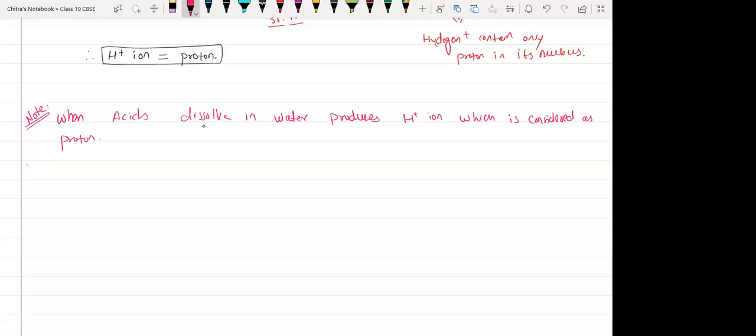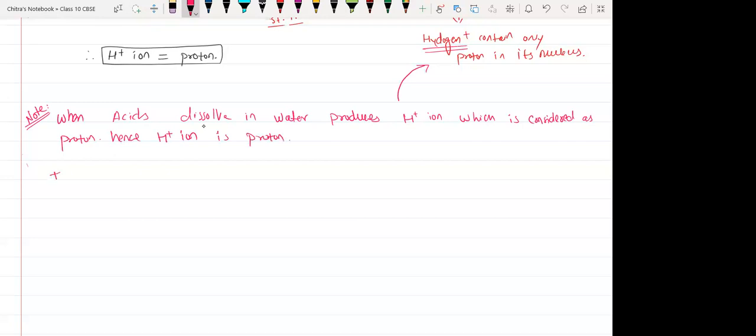And you know the reason: because at H positive ion only a proton is present in its nucleus. Hence H positive ion is called a proton.